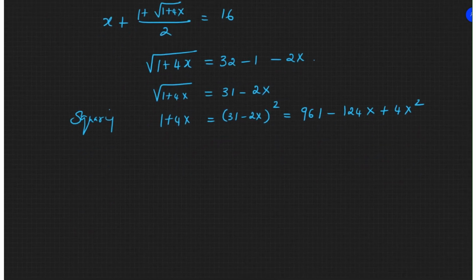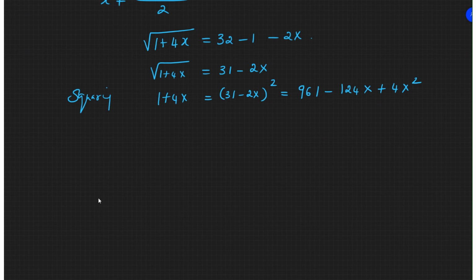Simplifying this equation, I get 4x squared minus 128x plus 960 equal to 0, or dividing throughout by 4, x squared minus 32x plus 240 equal to 0.